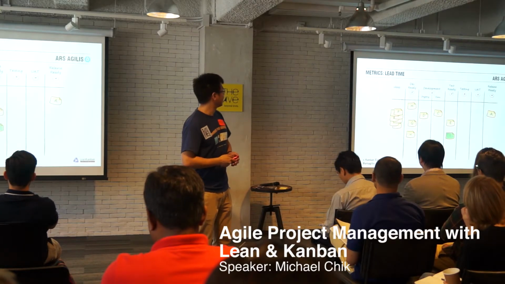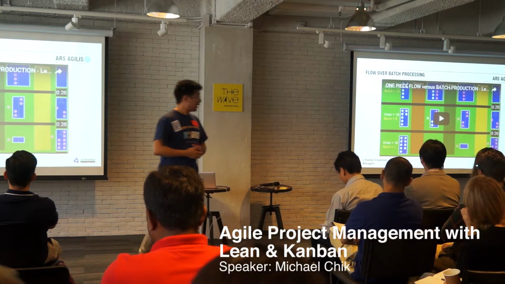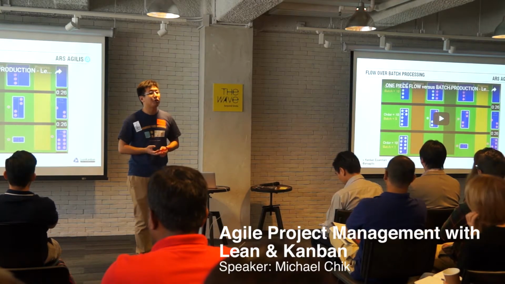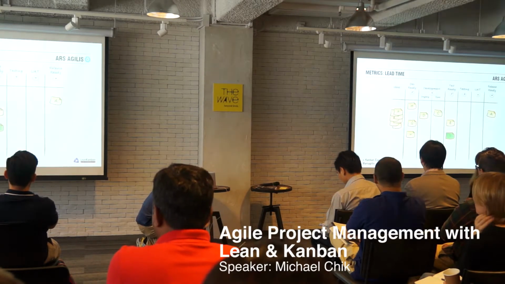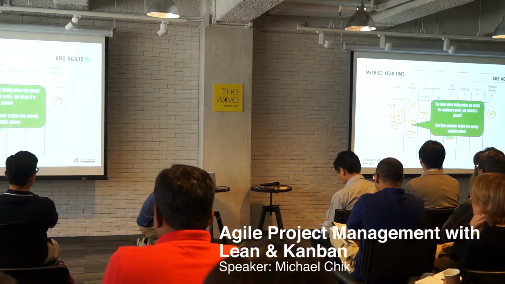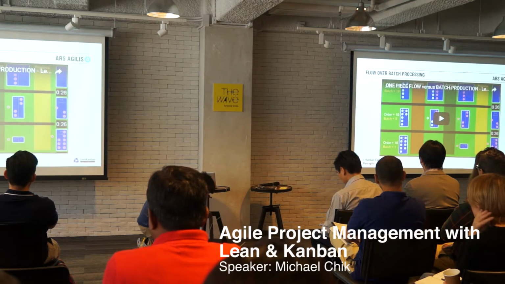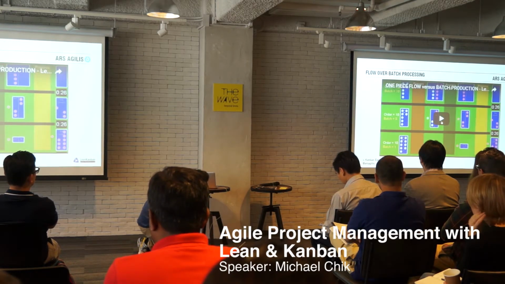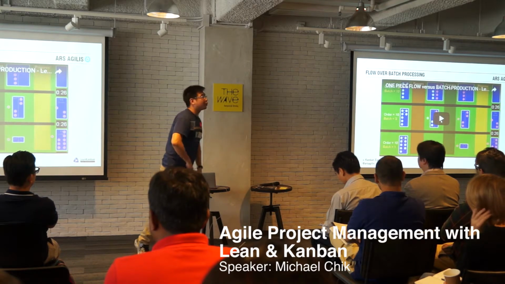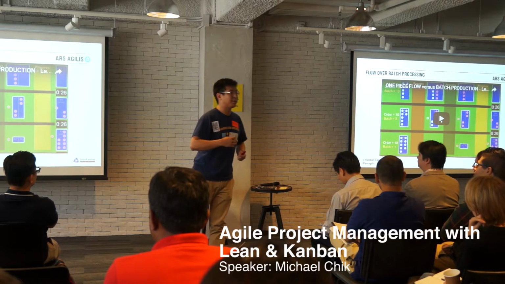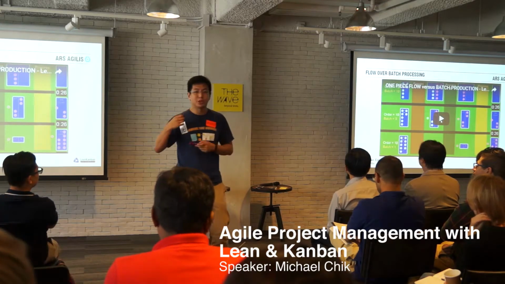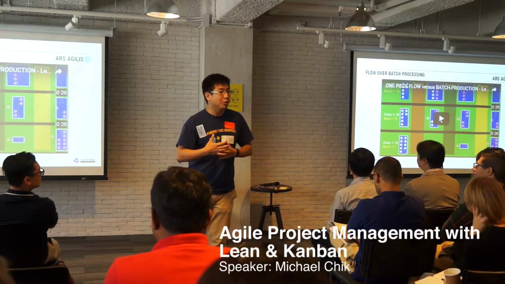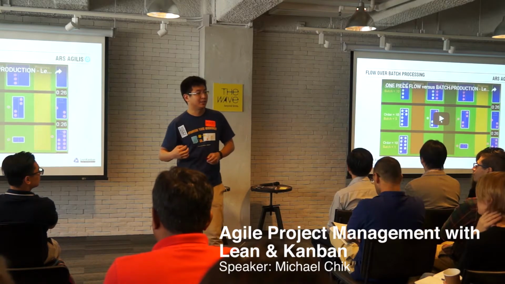The other part is, in general, look at flow. I use the word flow a lot. Nope, not working. So this video will show you, it's a theoretical example, the difference between what we call flow and batch processing.